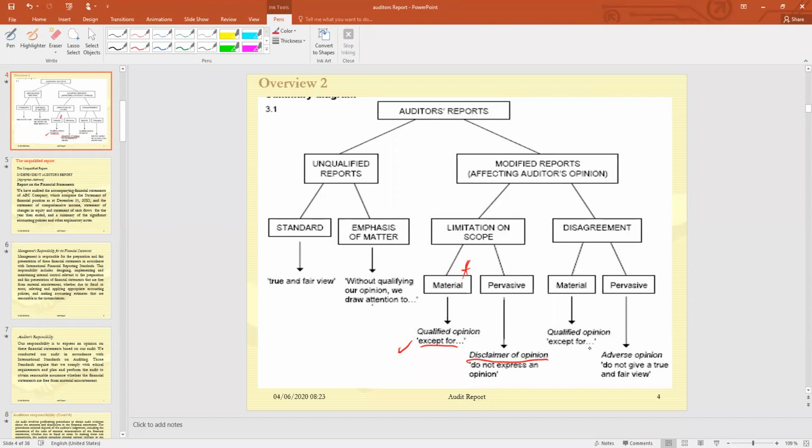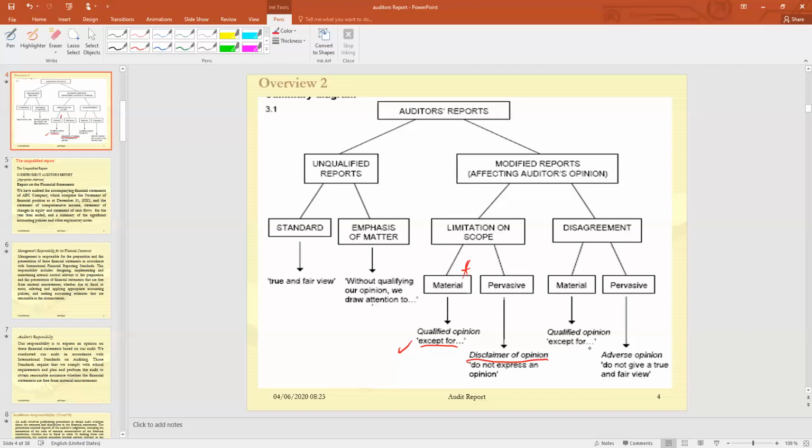For example, management may have issues regarding who is responsible for preparing the accounts of the company. For example, who is responsible for maintaining the effective operation of the company's internal control system, disagreement regarding how a new IFRS is meant to be applied, disagreement on assumptions that are meant to be used, disagreement on the accounting policies and principles, how they are meant to be applied. So the disagreement can come because of many things.